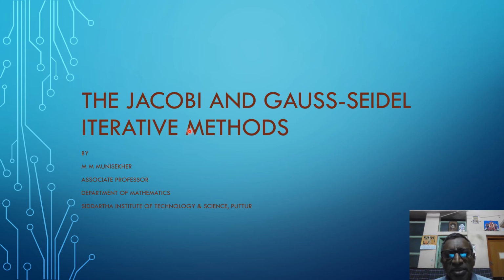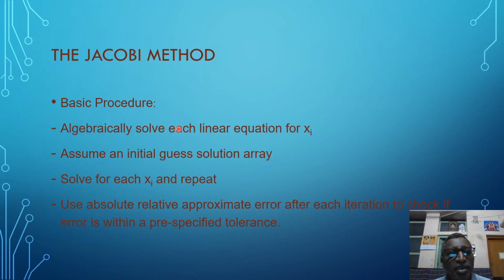My dear students, in this lecture we are going to discuss Jacobi and Gauss-Seidel iterative methods, which are used to solve linear equations of n variables in general. The basic procedure of the method is the following.